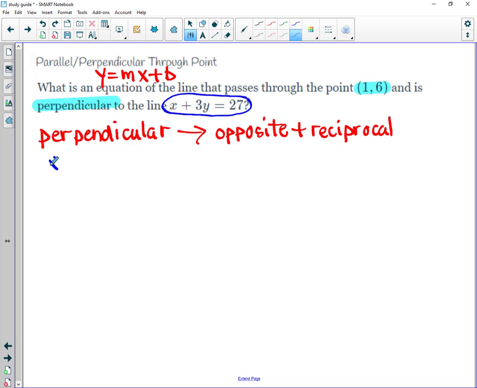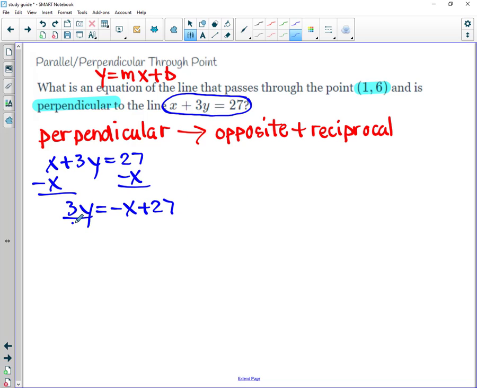So I'm just going to move it over here. I'm going to rewrite it as x + 3y = 27. To isolate my y term, I'll begin by subtracting x on both sides. Then I have 3y = -x + 27. Then I'll get rid of the coefficient by dividing by 3 on each side.